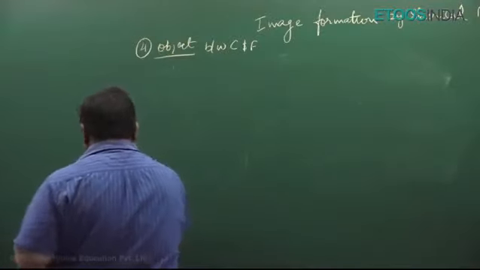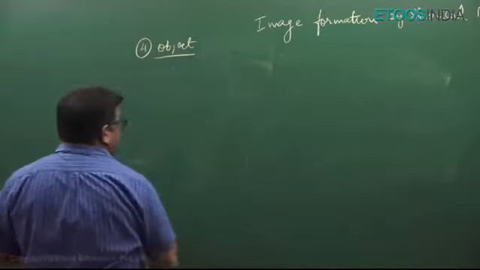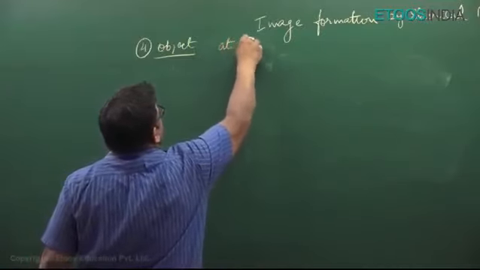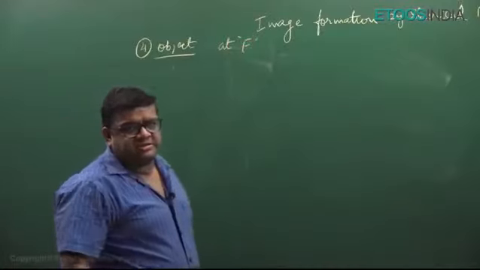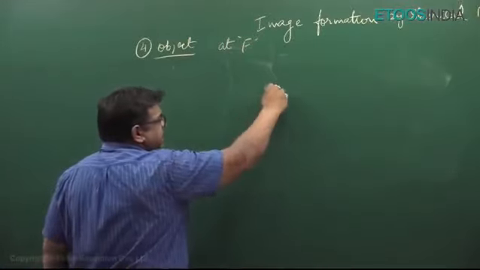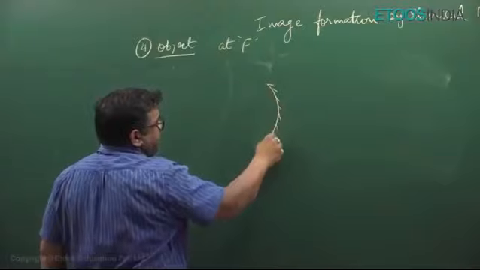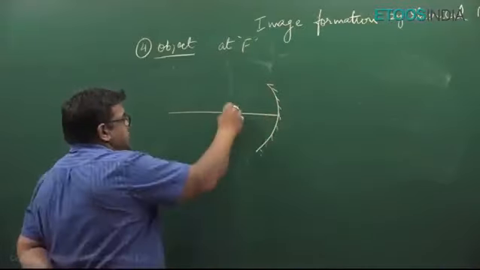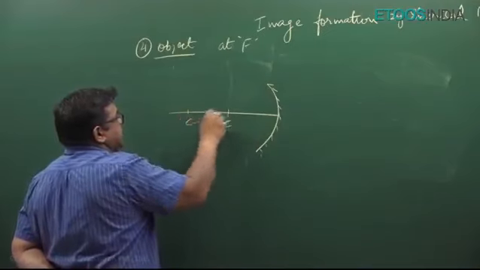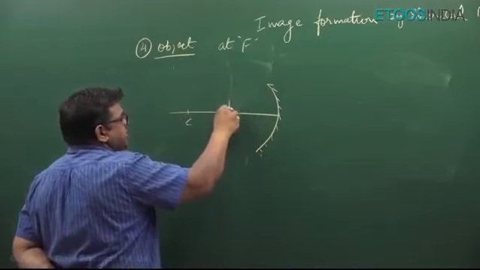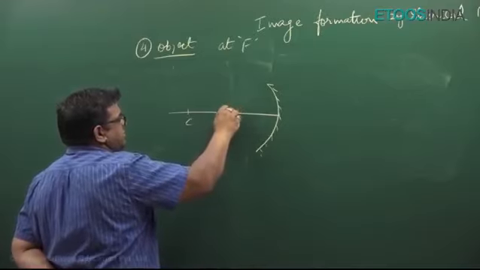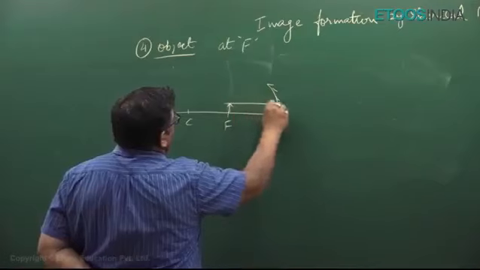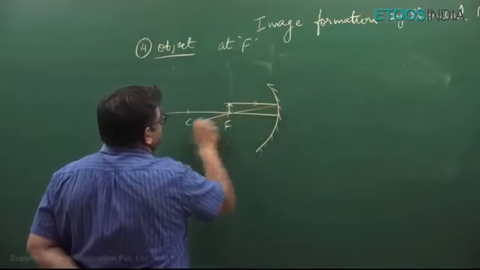When the object is placed at F, or focus. Now, in this case, if the object is placed here, we'll take a smaller object here. One ray will go parallel to the principal axis and pass through focus.